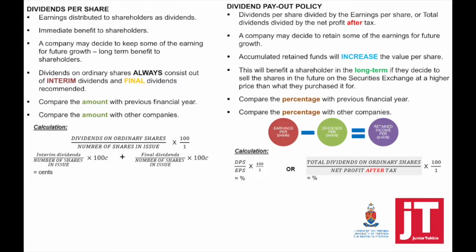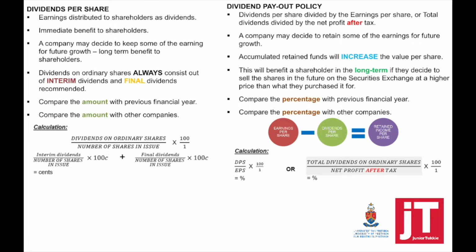Again, it is very important that you know throughout the accounting period what is the number of shares in issue. And secondly, when shares are repurchased or shares are issued to the public, you need to make sure that you know whether the shareholders will qualify for dividends or not.